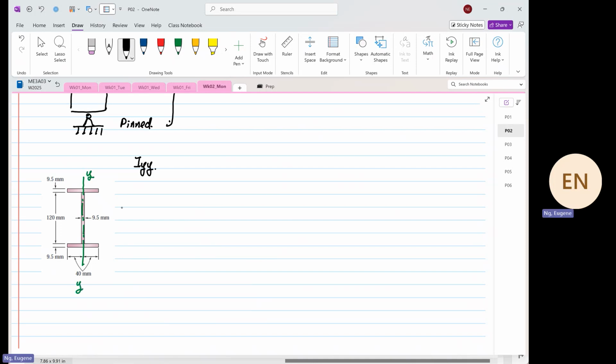So this will be our width, and over here, this will be our depth. Now, there's a terminology that I want you to be familiar with, okay? Any horizontal component is known as our flange. Over here, this is also our flange. Any horizontal component is our flange. Any vertical component is going to be our web. Okay.